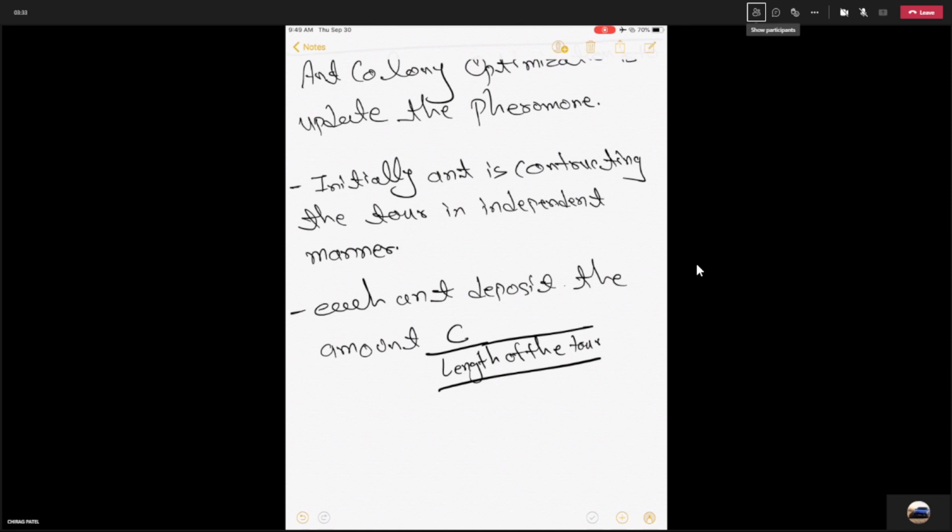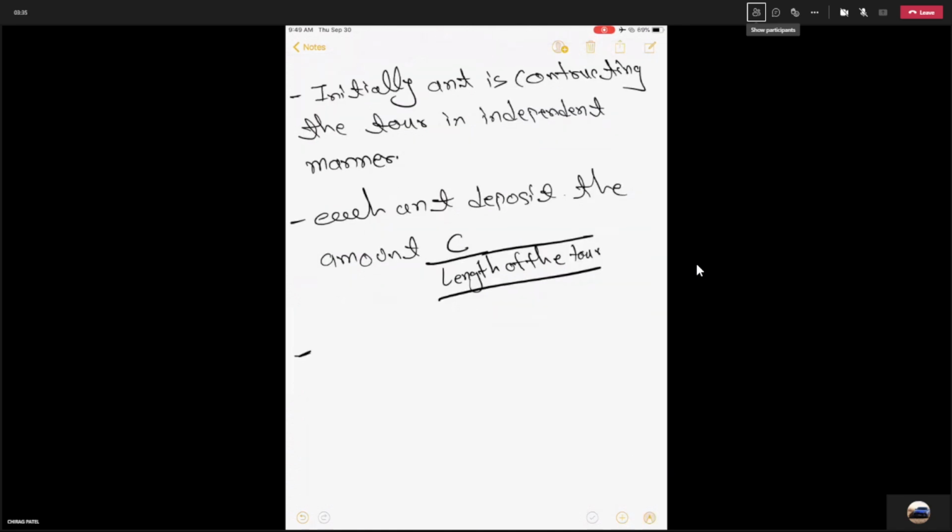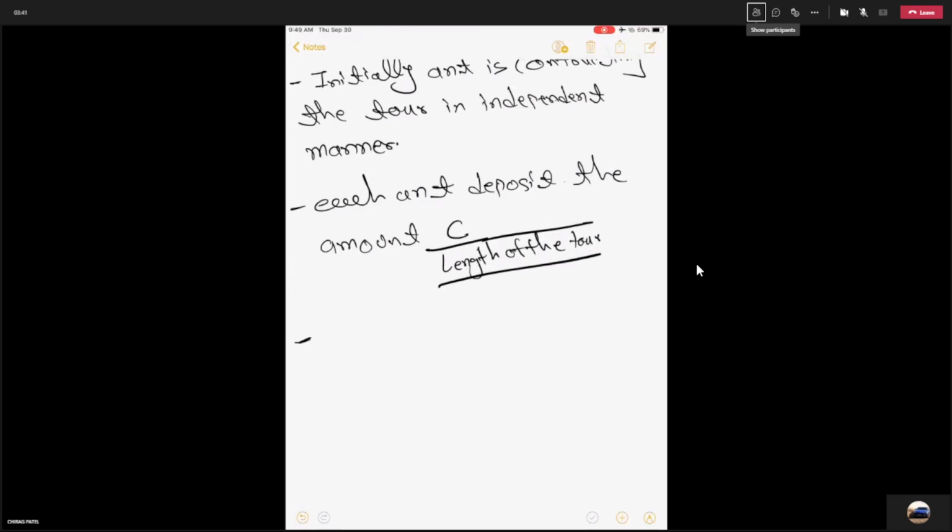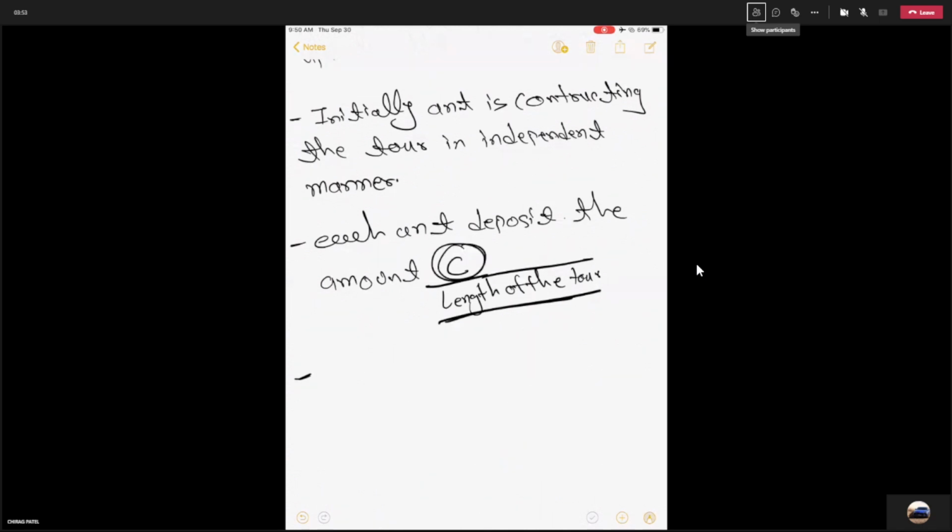We had taken a variable also in length of the tour, right? This is your length of the tour because we are depositing the inversely proportional cost of your tour as a pheromone, right?